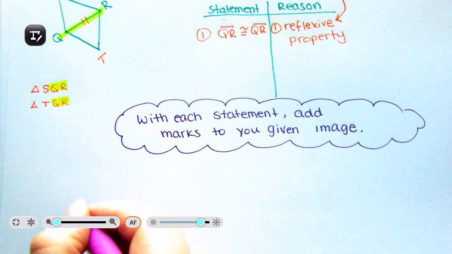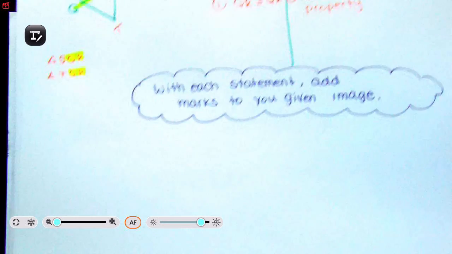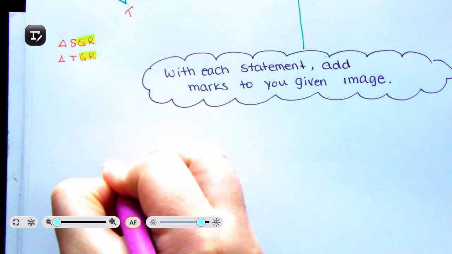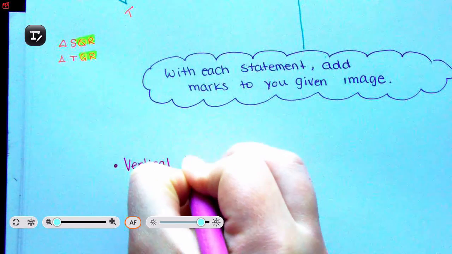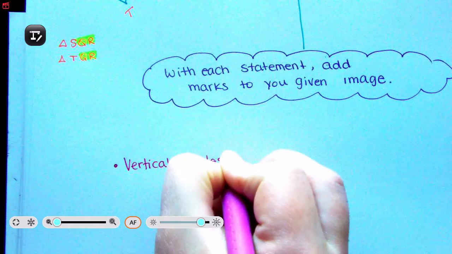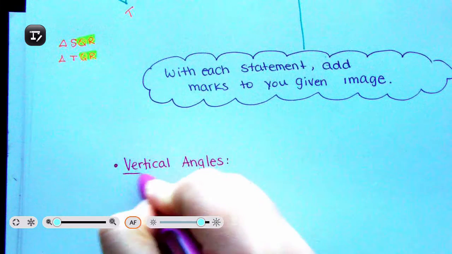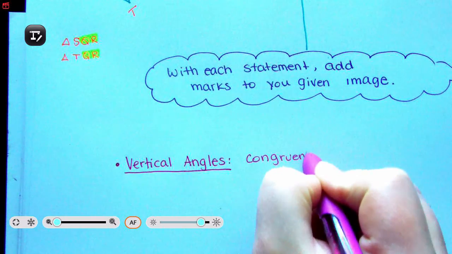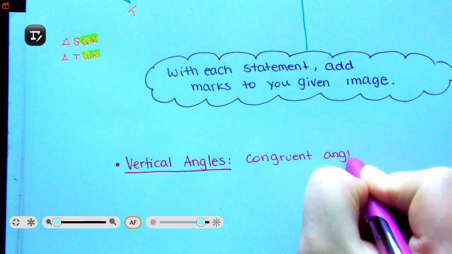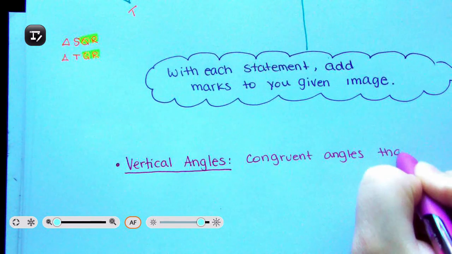Another keyword, and again, this one you're going to see as well, is the vertical angles. And those are congruent angles that are across from each other.